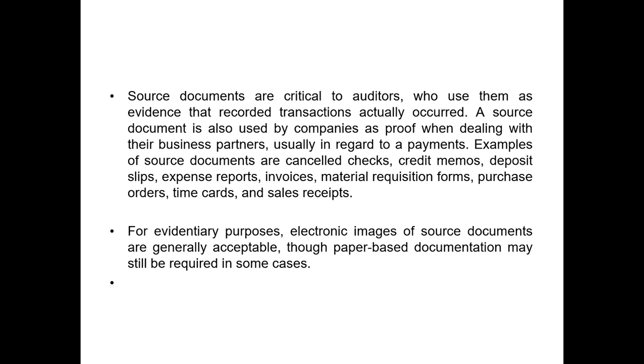Examples of source documents are cancelled checks, credit memos, deposit slips, expense reports, invoices, material requisition forms, purchase orders, time cards, and sales receipts. For evidentiary purposes, electronic images of source documents are generally acceptable, though paper-based documentation may still be required in some cases.